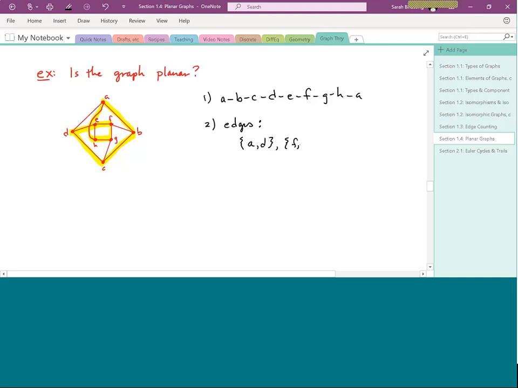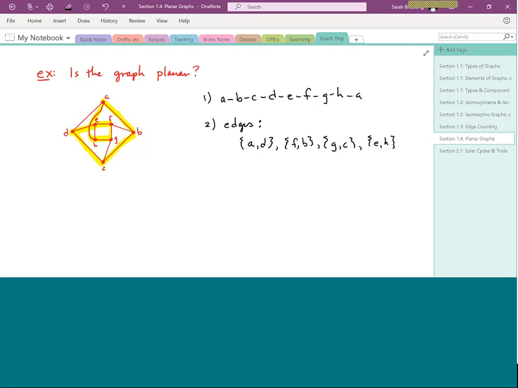F to B, yep. G to C, yep. And E to H. It looks like there's only 4 of them. You guys spot any more than those 4? Yeah, I'm not spotting any more either. I think we got them all.